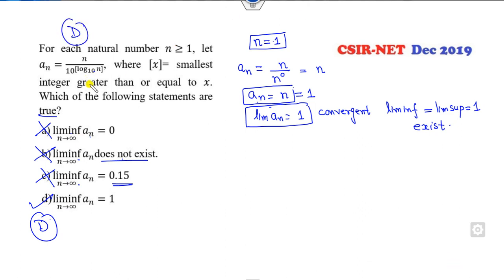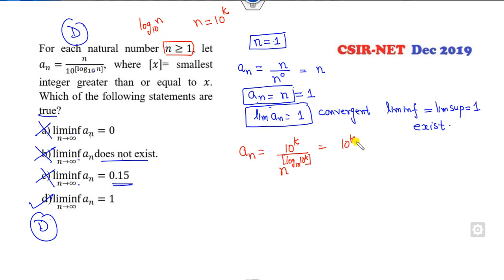Moreover, you can think about it also like here, because n is greater than 1, I can choose n as 10 raised to power say k. Fine. So what is an? n is 10 raised to power k. It is n log of 10 of k, greatest integer. So what is that?